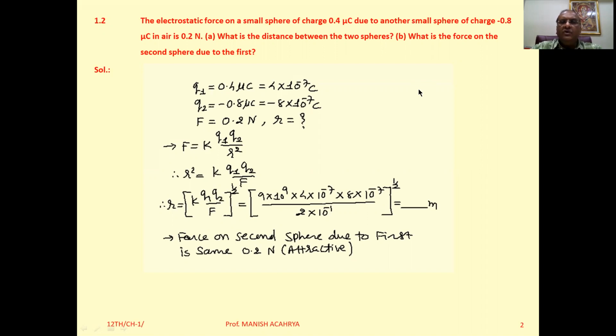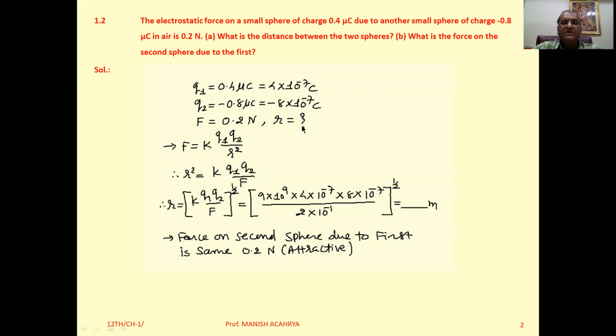Now charge Q1 given to you, that is 0.4 microcoulomb. So that is 4 into 10 raised to minus 7 coulomb. Q2 minus 0.8 microcoulomb. So minus 8 into 10 raised to minus 7 coulomb. F that is equal to 0.2 Newton.